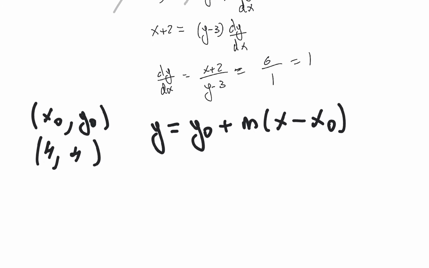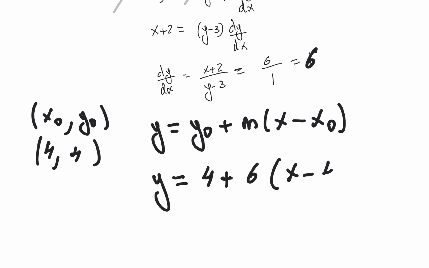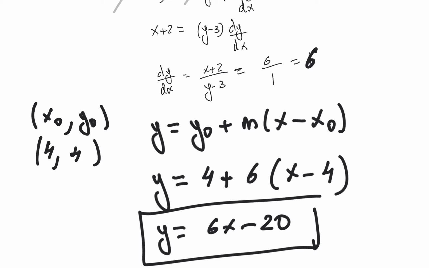So in this case, the equation of the tangent line to this curve, to this graph, it would be y0 would be 4 plus m, 6 divided by 1 is 6, okay? Plus 6 multiplied by x minus 4. So the equation will be equal 4 minus 24 plus 4 is minus 20. So it's 6x minus 20, the final result.